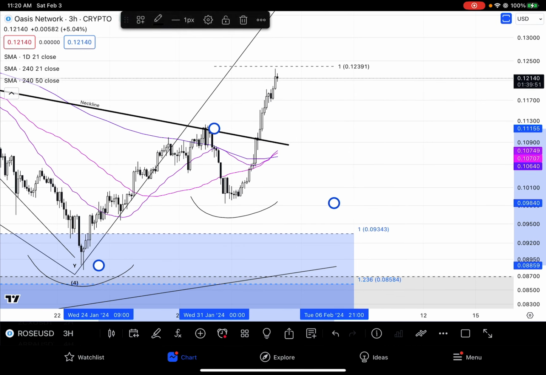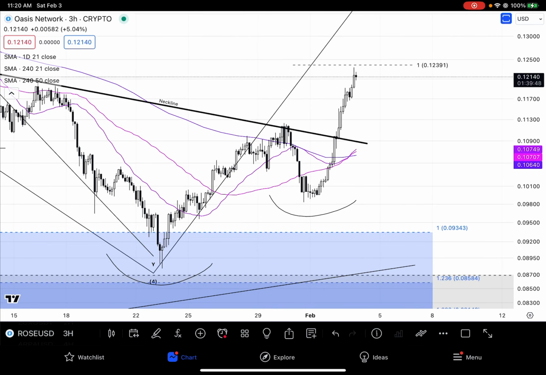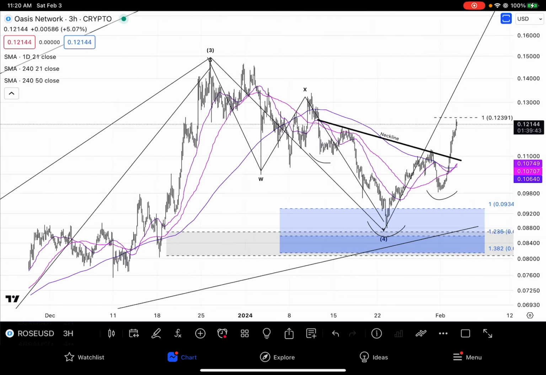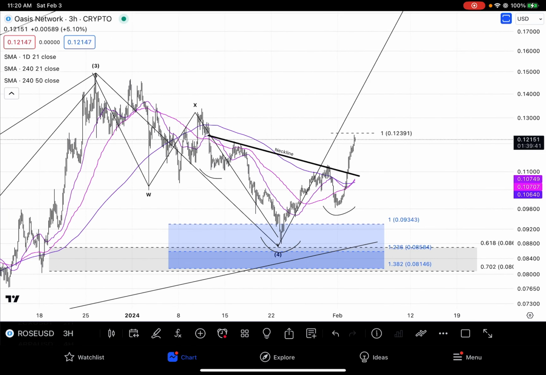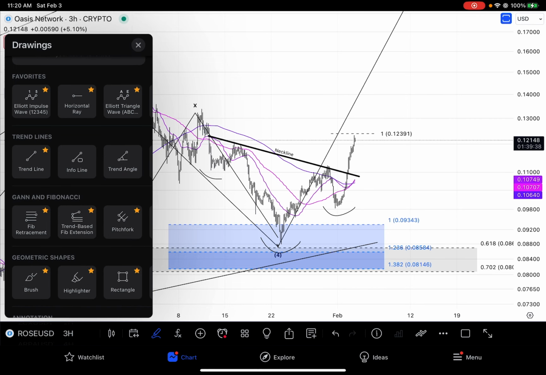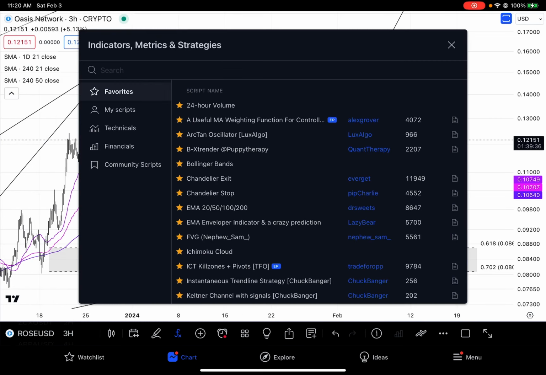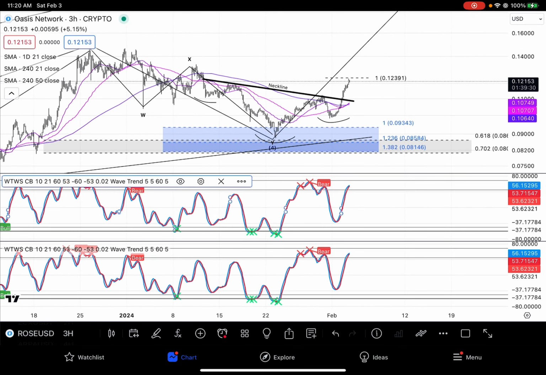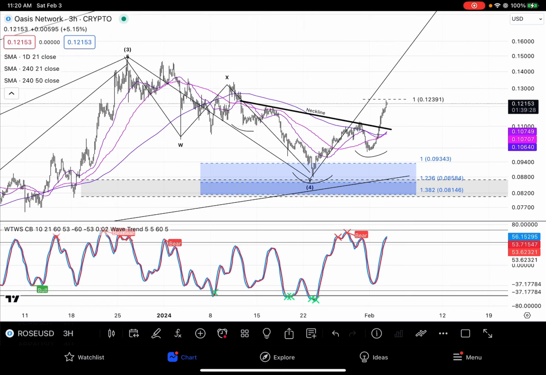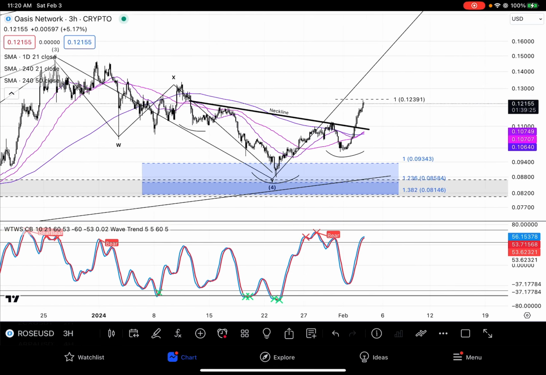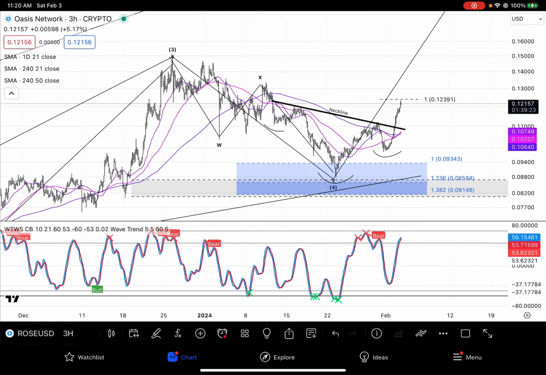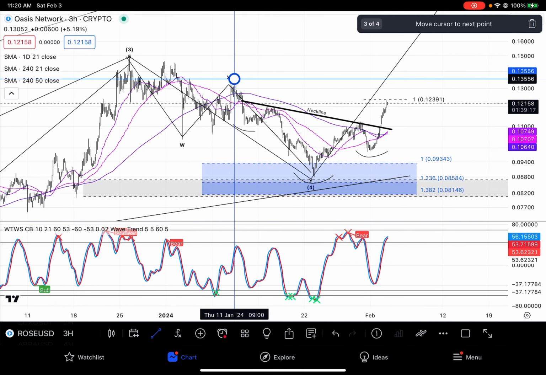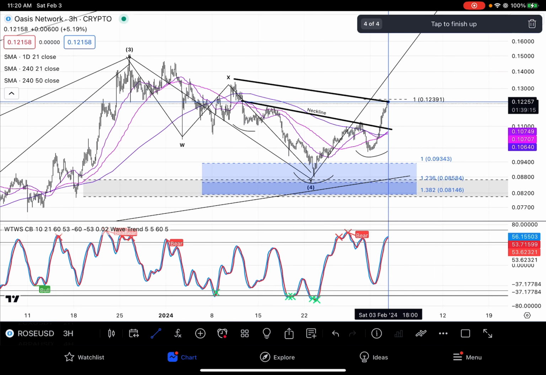Okay, so we have hit the 100% fib over there, and we are finding some resistance. Let's take a look at our momentum indicator on the 1 hour, and we are printing some bearish divergence here from your X wave high to this current high.